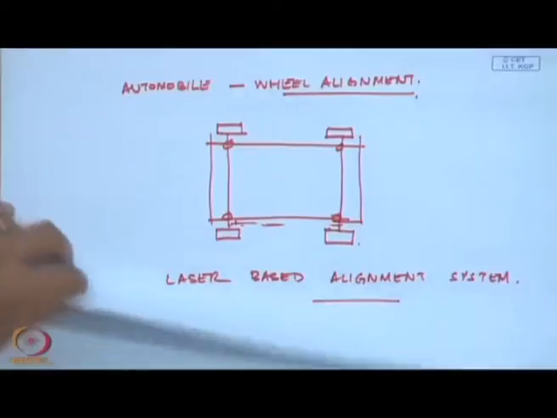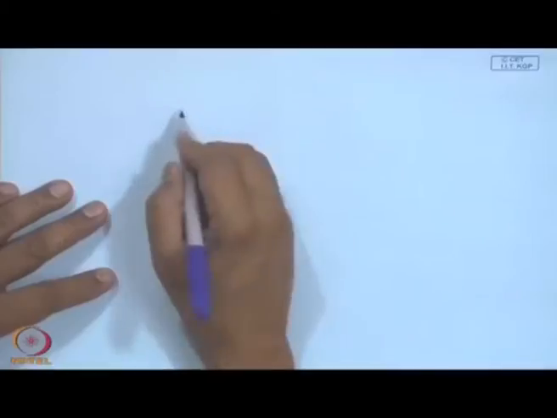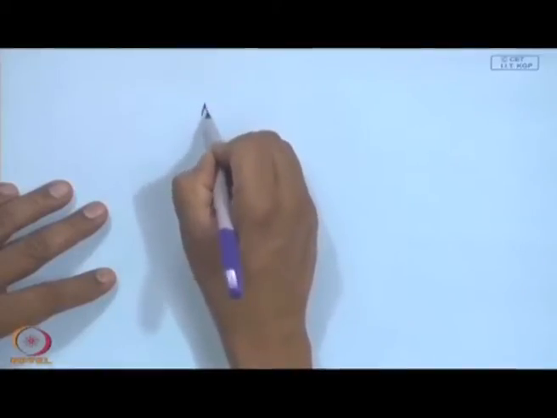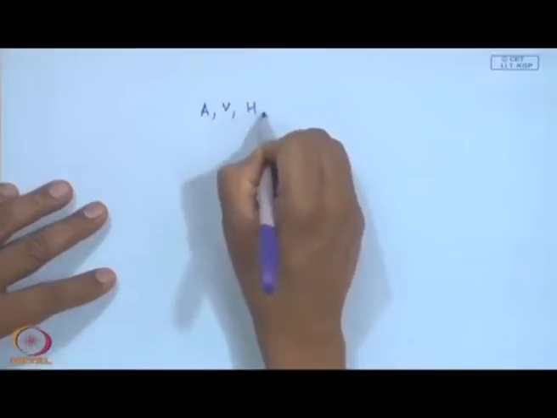Now, I will come to what is the best way to find out whether a misalignment has occurred in a system through vibration monitoring. In this, as I was telling you, we measure at any location the axial, vertical and horizontal vibration.